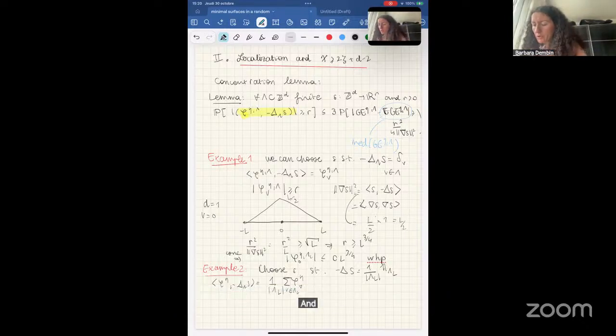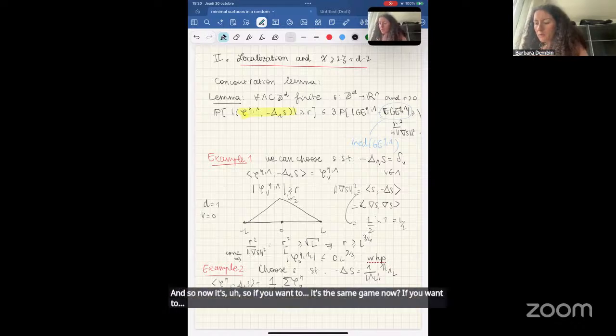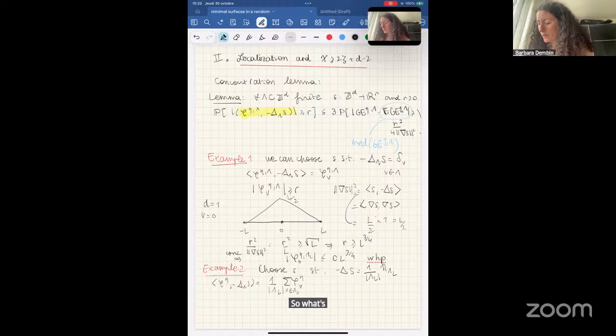And now it's the same game. If you want to have a control, you need to estimate the Dirichlet energy of S. So what's the value of S? How can you choose such an S?